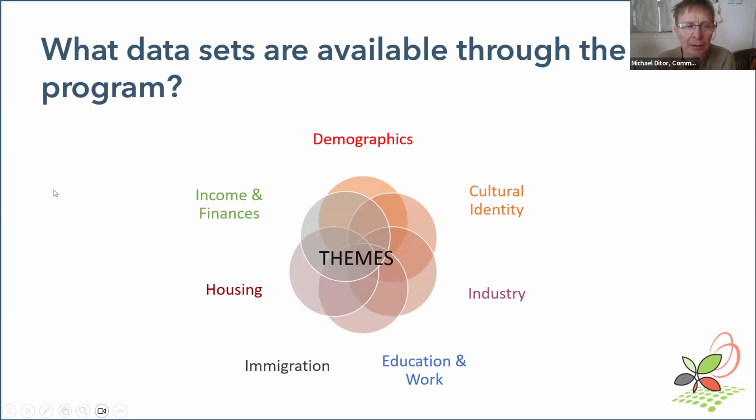But did we get? I think Sadie went over this a little bit. We try to get really whatever we can that is both available across the country and at the community level. So Stats Canada is obviously one of our main providers, but not the only one.